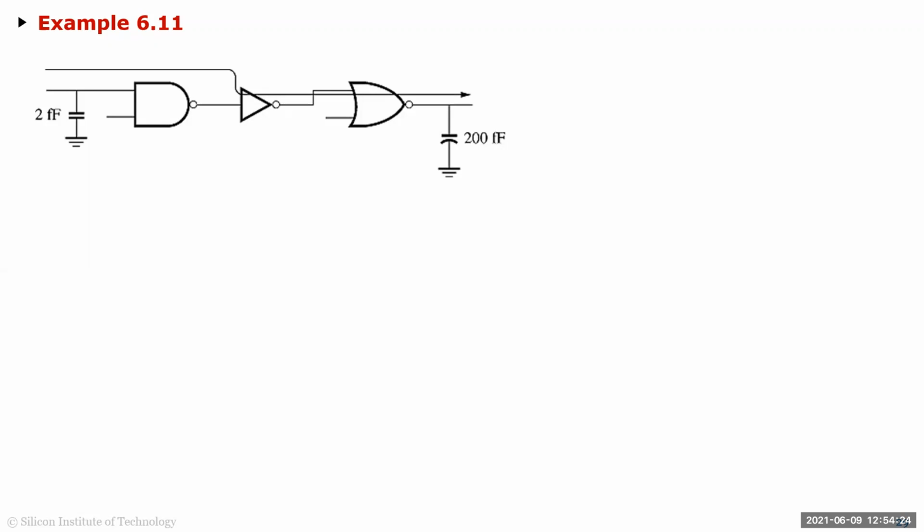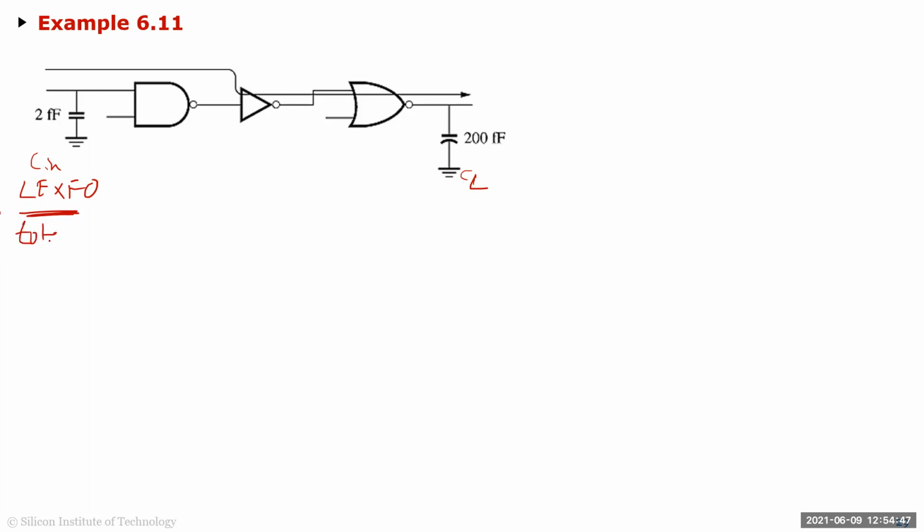If you remember, this is your Cin and this is your CL, which is Cj plus 3 and Cj. Okay, so we need to find the path effort. We need to equalize this first.